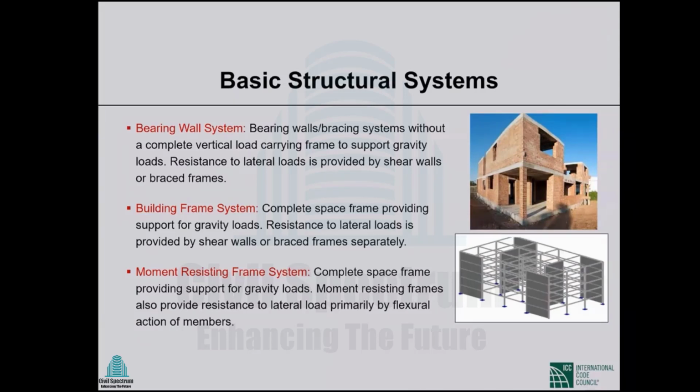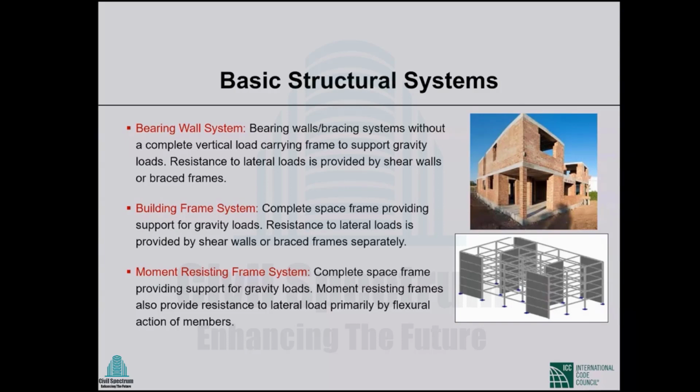Building basic structural systems. These are also mentioned in the previous version of the code too, but I found that many engineers are only familiar with the moment resisting frame system. They're not familiar with other systems. Now, actually, there are different structural systems. The first one is very simple, bearing wall system.